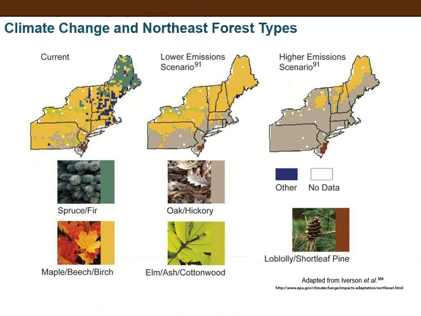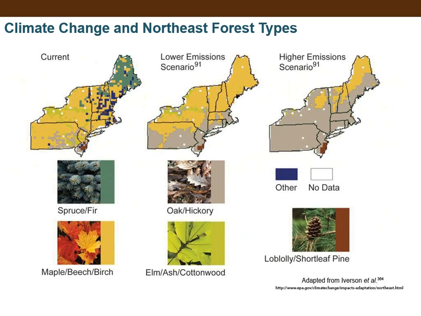And so that's the current distribution of maple forests. The middle map is showing us a low emissions scenario. And these are data that come from a paper from 2010. So the maps are models of how the forest type might change under different climate change scenarios.